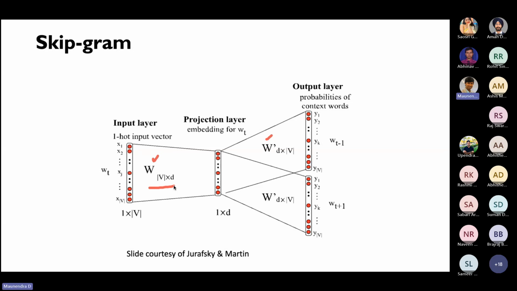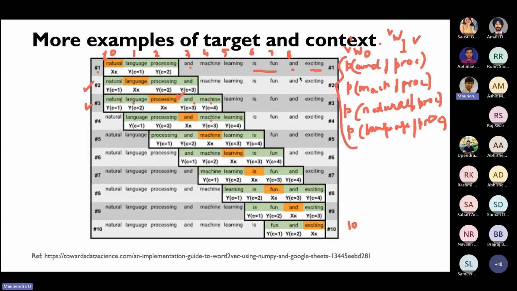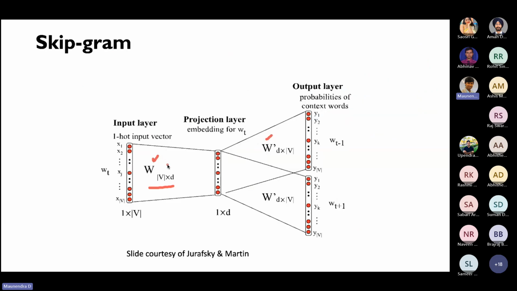Consider, for example, "set the temperature to high" versus "A is a set of elements," or "I bought a set of two trousers." In each of these cases, the word "set" is used in a different context, but when we extract the embedding for the word set, we extract it from this W only, and every time we get one single vector.